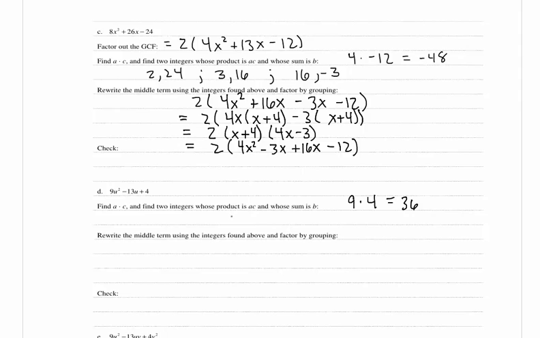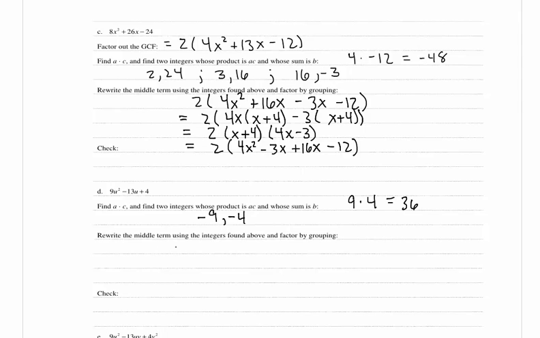So we're going to need two negative integers so that the product ends up being positive and the sum ends up being negative. So for 36, we could use negative 9 and negative 4. Negative 9 times negative 4 is positive 36, and negative 9 minus 4 is negative 13.